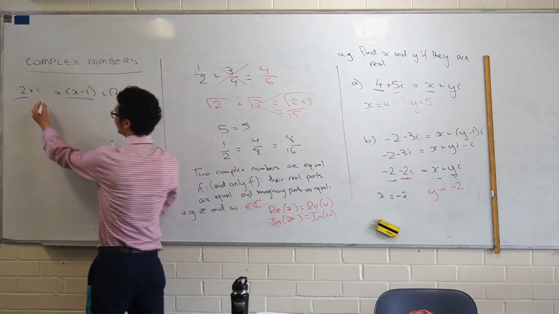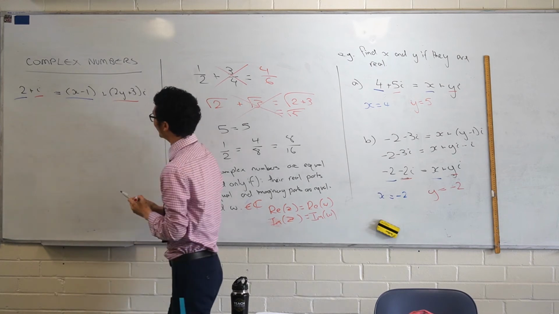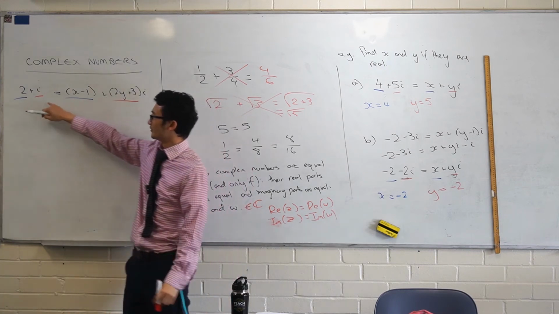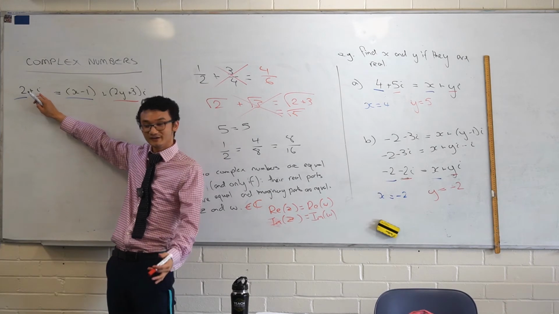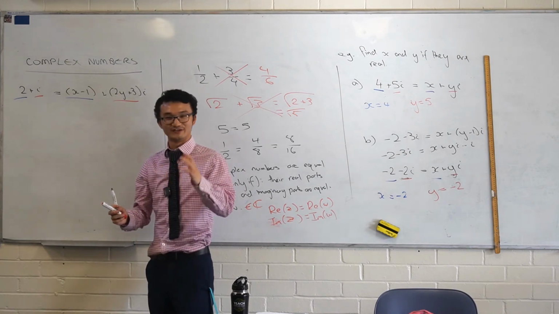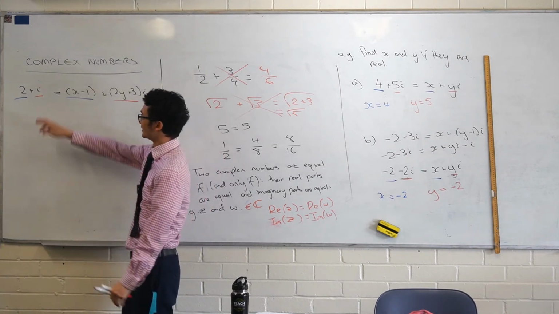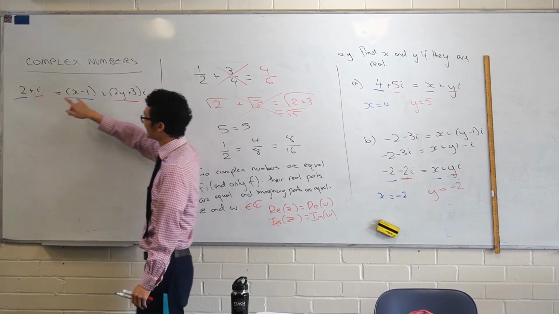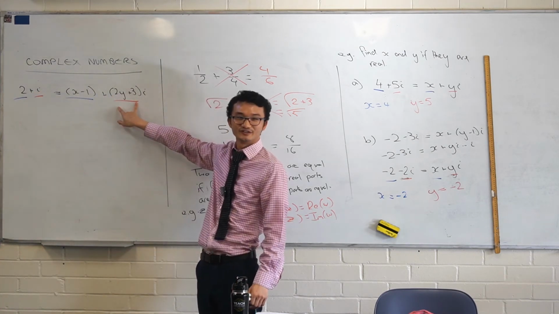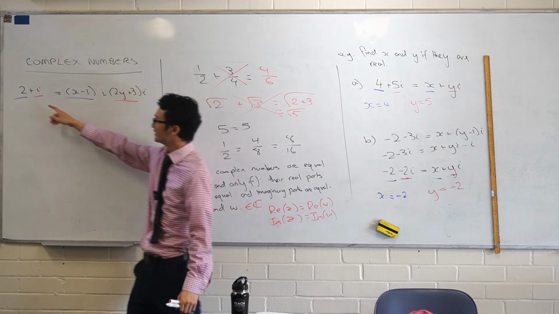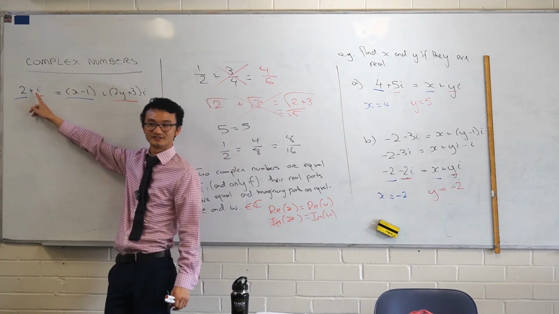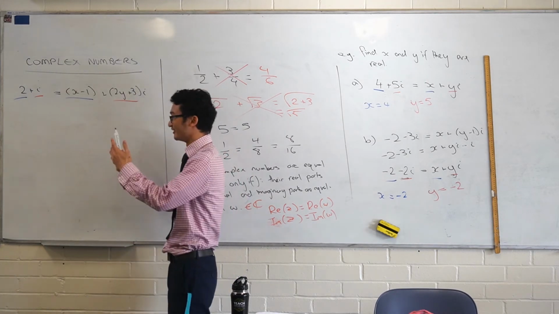And then what would your other comparison be? You've got 2y plus 3 and you're comparing it with i, right? Be careful here, because if you're comparing with i, what's the actual imaginary part of this? This is 2y plus 3, so the imaginary part of this is just 1. Make a note of that.